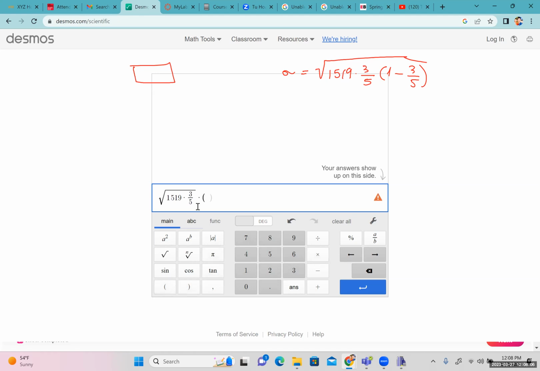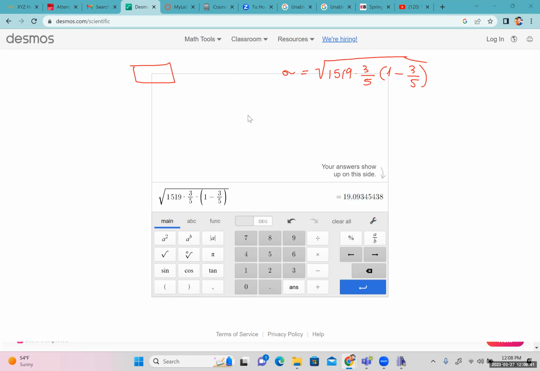Now it's outside of the square root already, so I have to watch out for this, right? Okay, so multiply by 1 minus 3 divided by 5, close parenthesis. So I have answer is 19.093 something here, right? Okay, so let's come back with the problems.